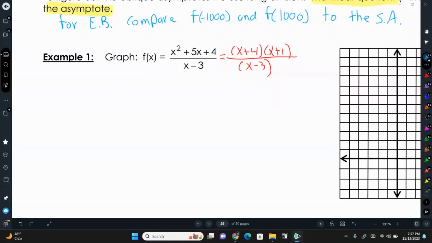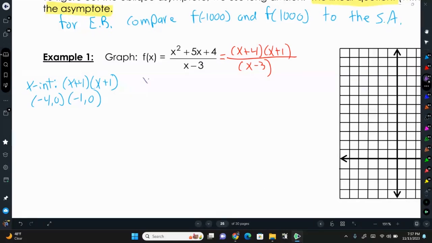Then our x-intercepts are going to be when the numerator is equal to 0. So that is going to be at negative 4 comma 0 and negative 1 comma 0.